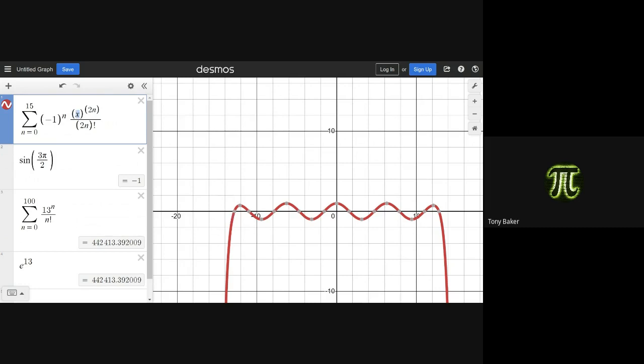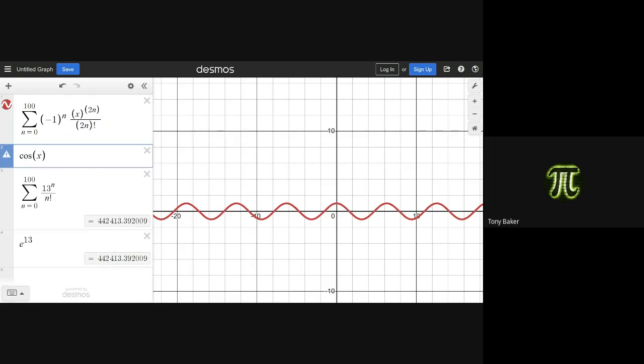So if you look at this, that looks like a pretty good approximation of cosine, right? So whatever number I want to plug in for x, let's do, what was one?